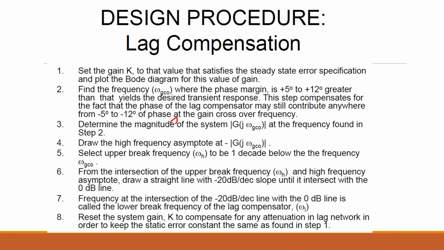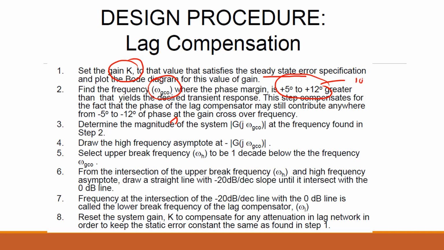So these are all the procedures. Again, we need to find a new gain K so that we know how much steady state error we need to improve. Then you need to find the gain crossover frequency. For the phase margin, it is between 5 to 12 degrees greater.